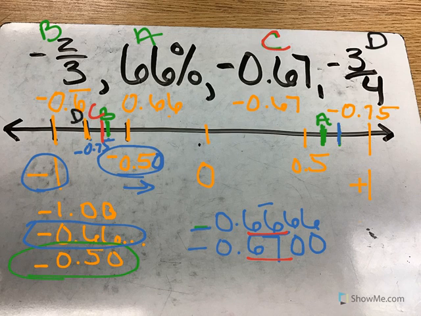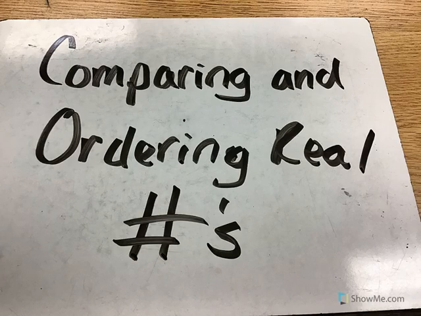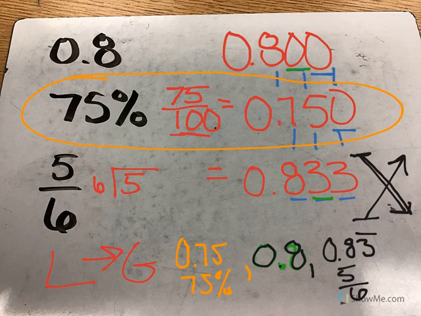All right, so we went over a lot in this video. So we started off with comparing, ordering real numbers. Again, it's best to put them all into the same format, fractions, decimals, percent. I like decimals. I'll leave that up to you. How do you turn a decimal? You just read the place value, keep it as is. A percent, percent's out of 100.